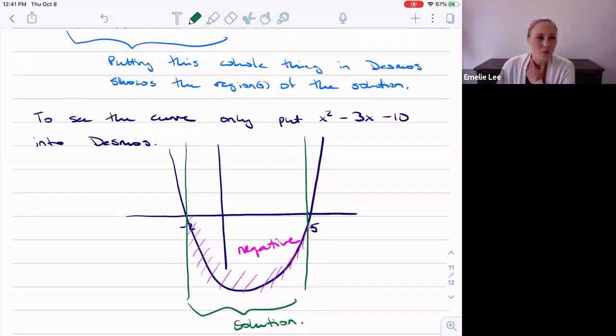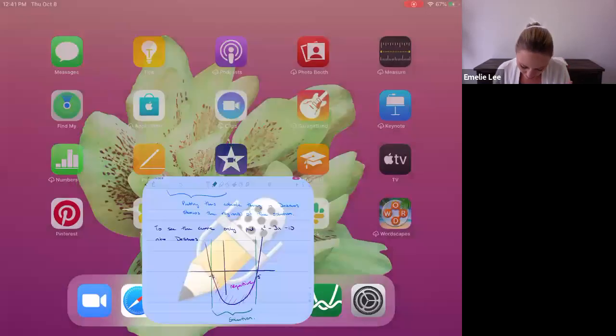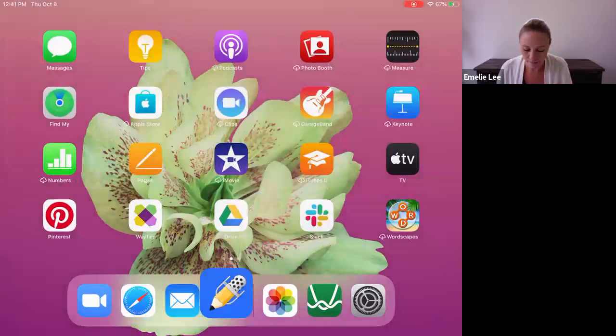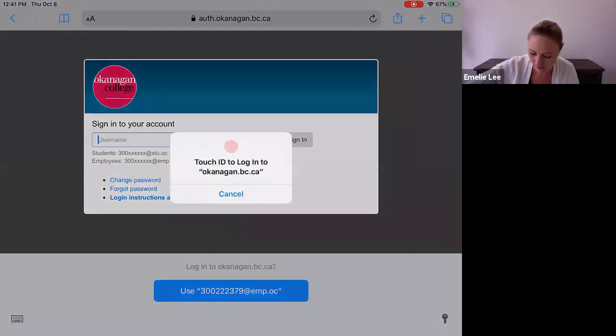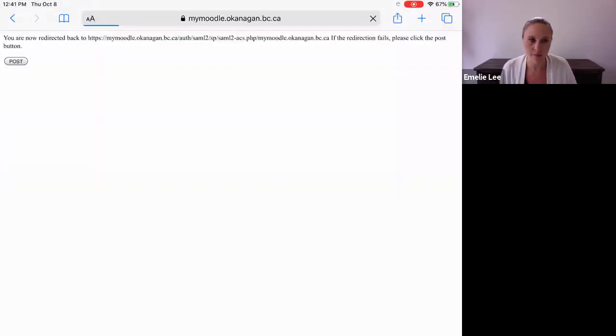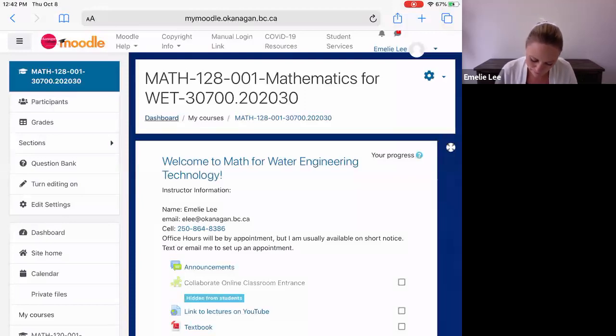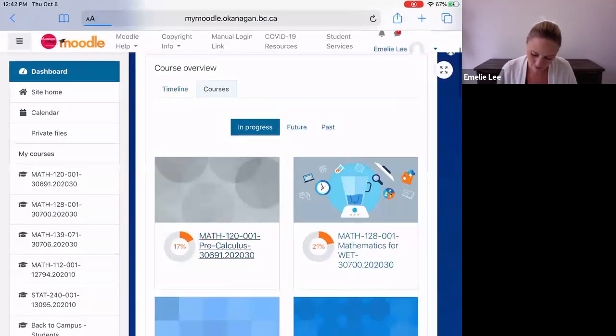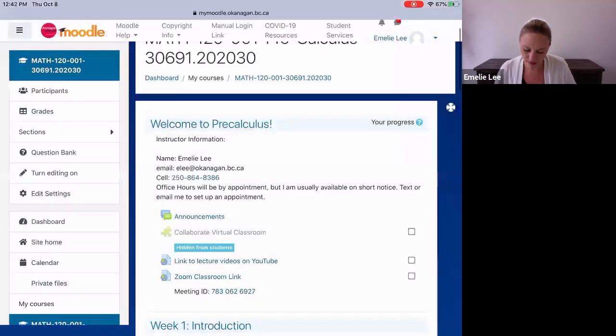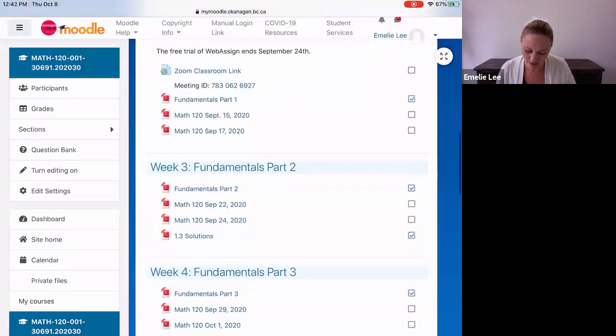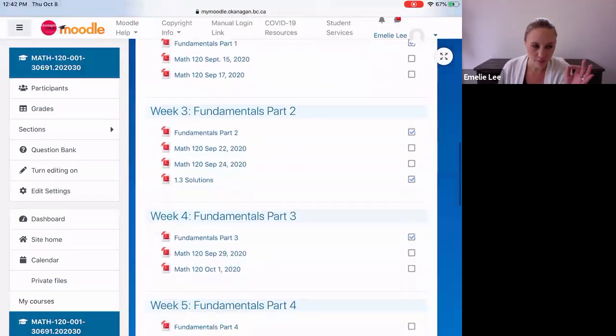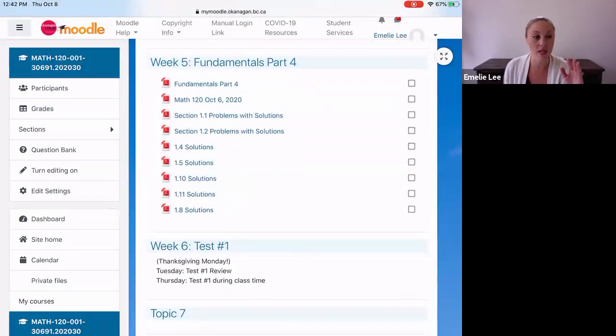Before I let you guys go, I just want to take you to Moodle just quickly and show you, make me log in again. I posted all the solutions to, so you've had the 1.3 solutions, that's in week 3, but then what I did was I posted all the solutions as well as problems from section 1.1 and 1.2 because we didn't have them incorporated in the notes, as well as solutions at the end.